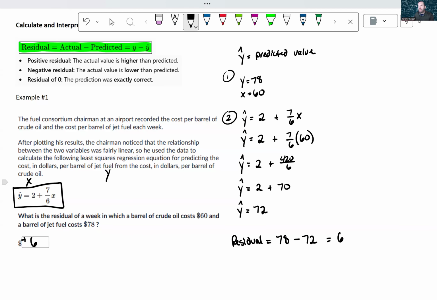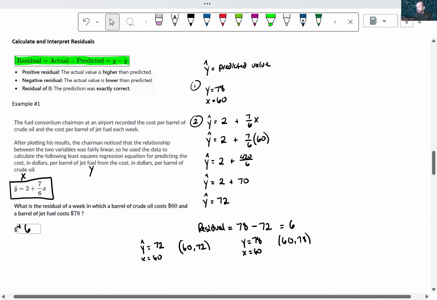So the predicted value, let me write this here. The predicted value, we had y was 72 when x was 60. And if we write that as a point, that would be (60, 72). And then the actual value was 78 when x was 60. And so the actual value was (60, 78).